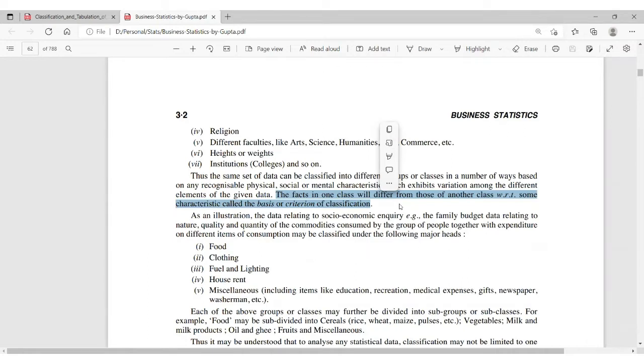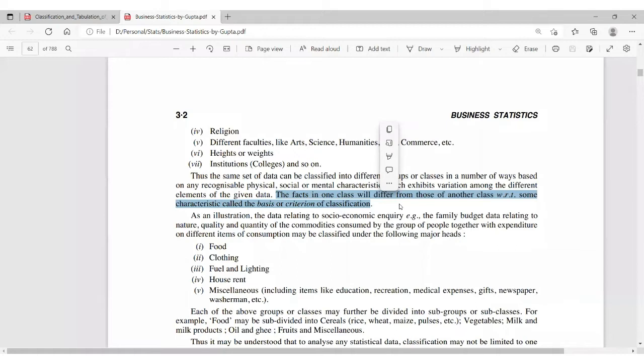As an illustration, take the data relating to a socio-economic inquiry, for example, the family budget relating to the nature, quality, and quantity of commodities consumed by a group of people, together with the expenditure on different food items. These may be classified into the following major heads.